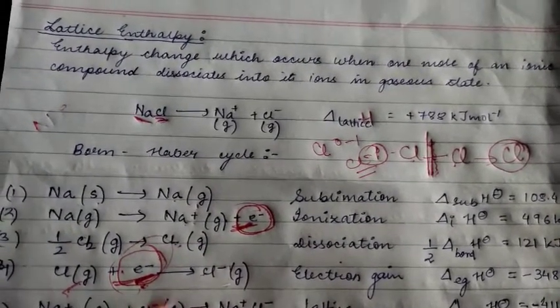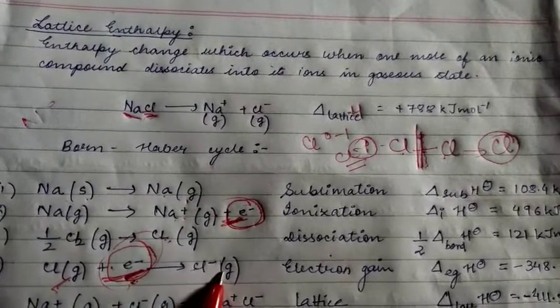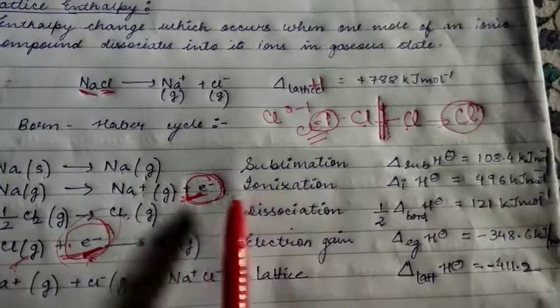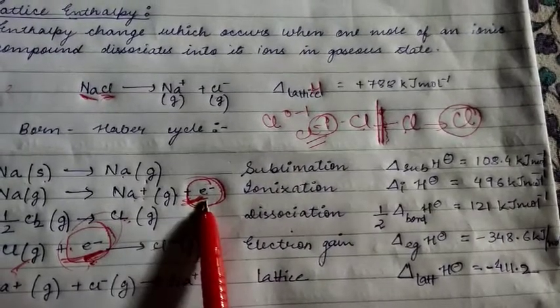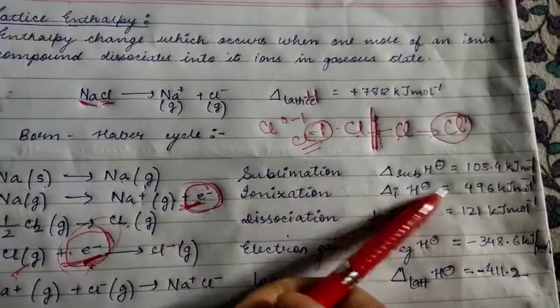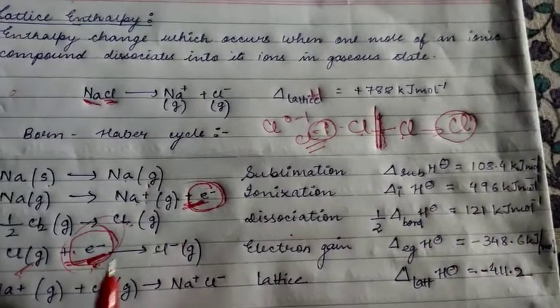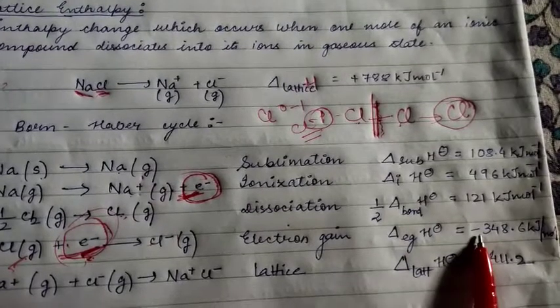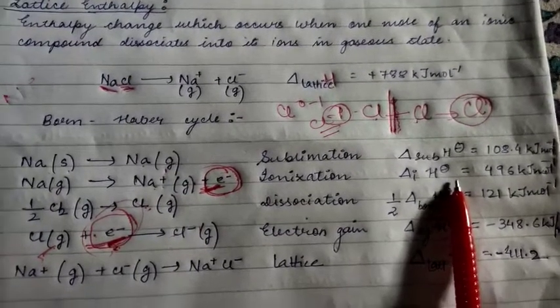Now Cl is converted to Cl negative, and this process is called the electron gain enthalpy. Remember one thing: when you are removing the electron, it is a positive enthalpy change, but when you are taking the electrons, it will become a negative enthalpy. So this is negative and this is positive.